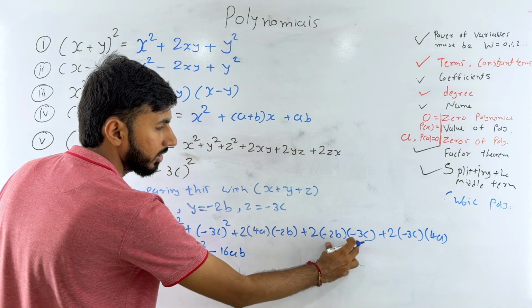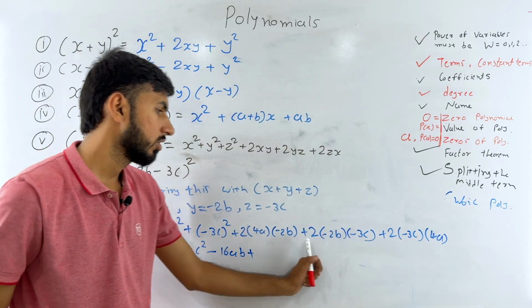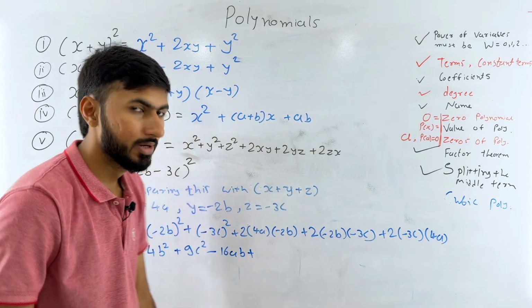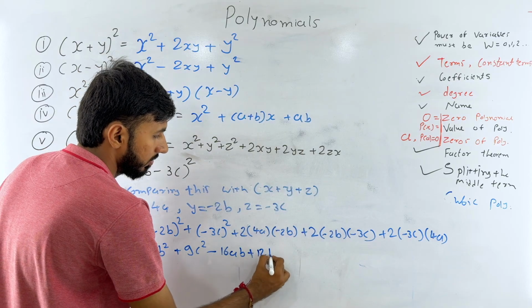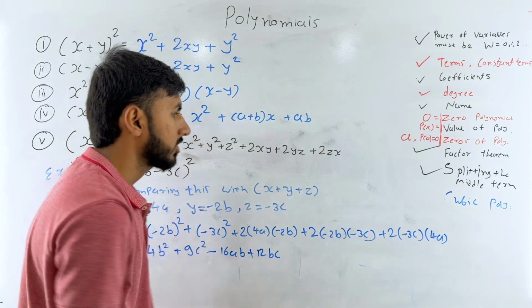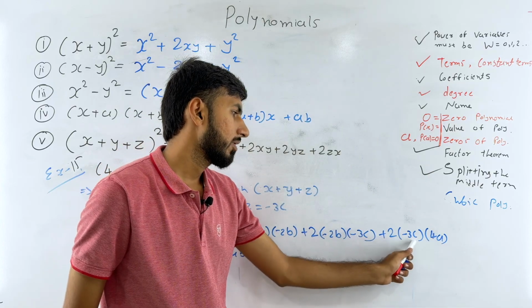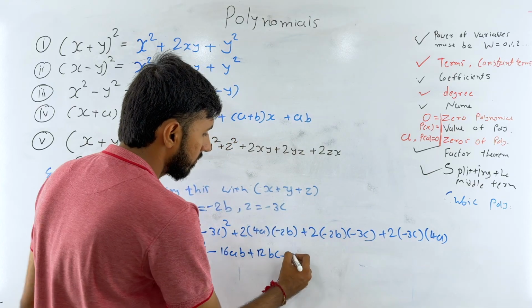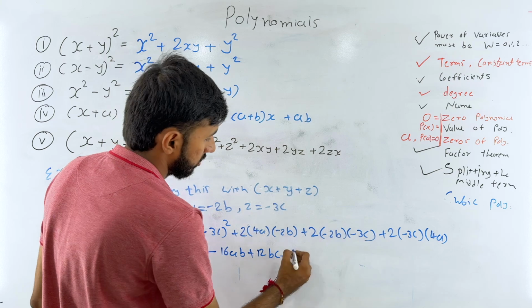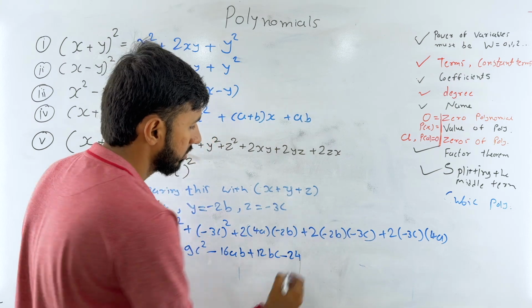Now here I have two negative signs, so my answer will be positive. 2 multiply 2, that is 4, multiply 3, that is 12bc. Now last one I have only one negative sign, so I have to write negative here. 2 multiply 3, that is 6, multiply 4, that is 24, right?